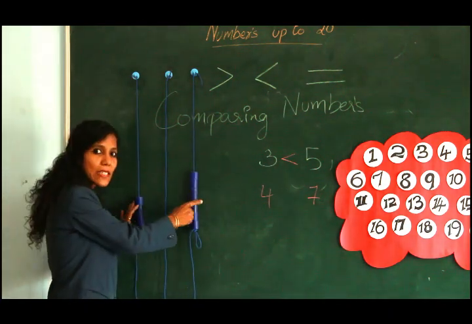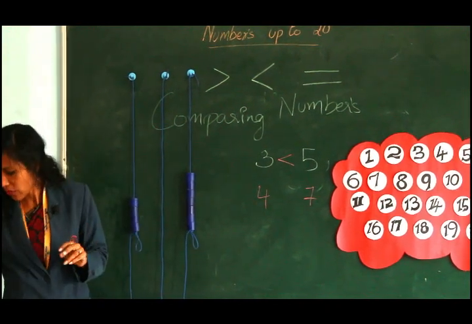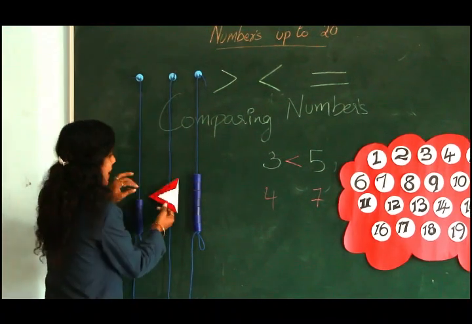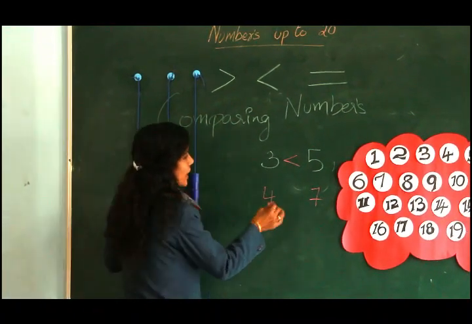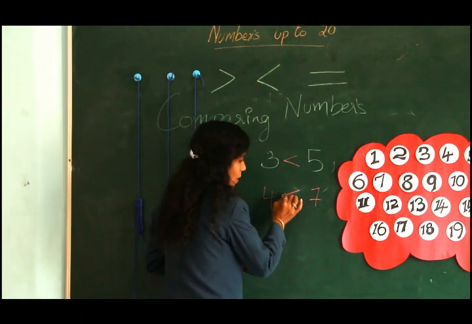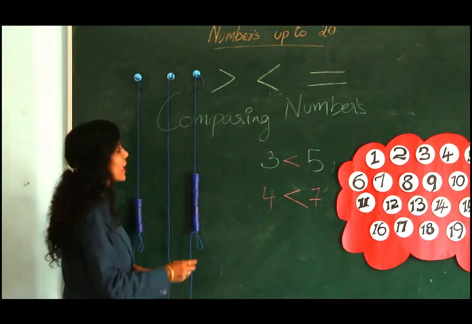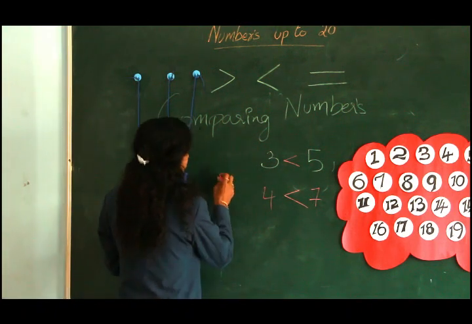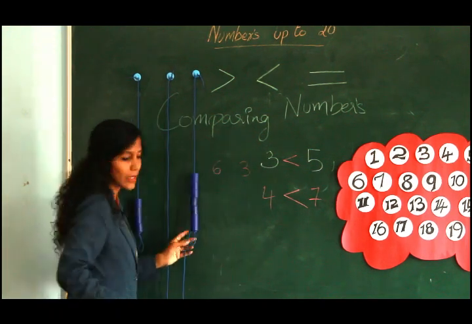So definitely 7 looks more than 4. So again we have the same symbol where the alligator's mouth opens towards left. So here the answer will be 4 is less than 7.